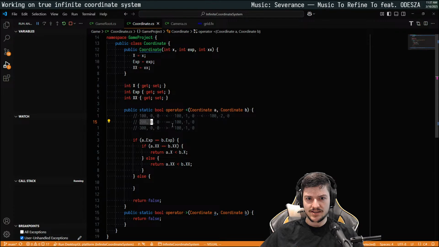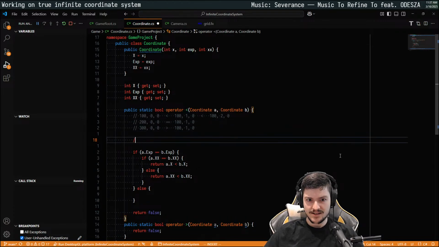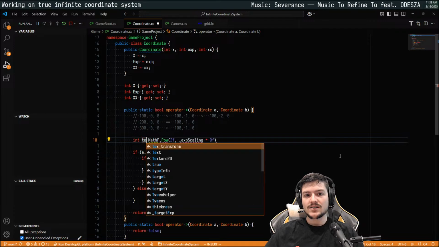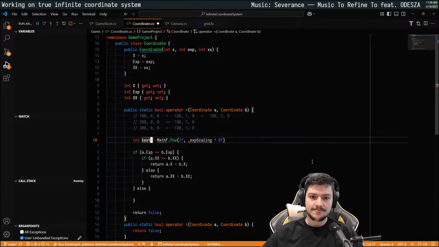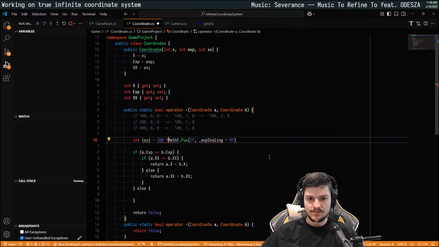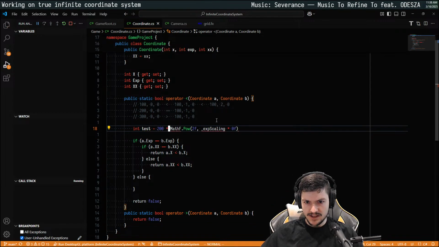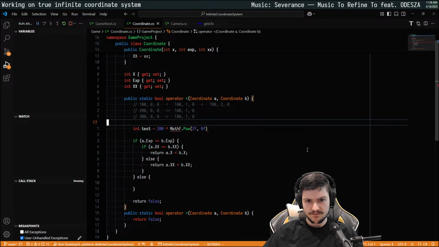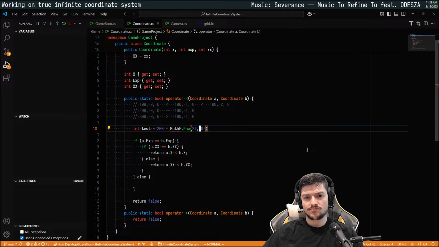So in order to put these together, you do a power, right? Let's just do this. So you do 200 times this. This one we don't need for now. This is times 1.